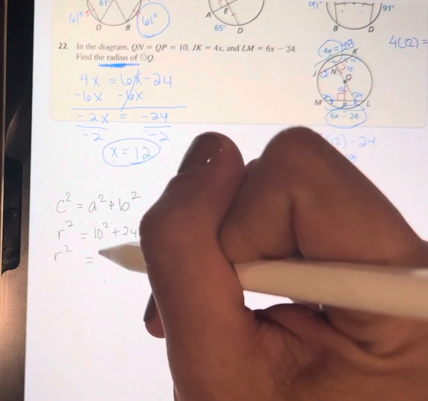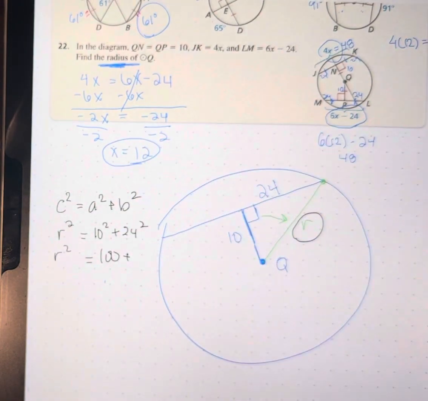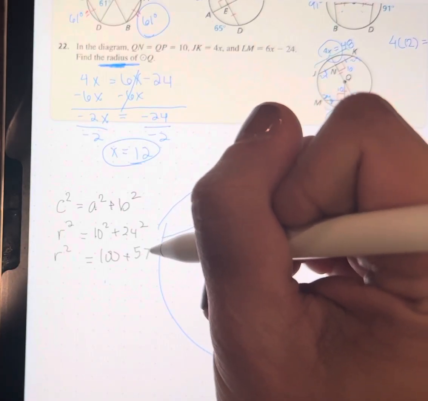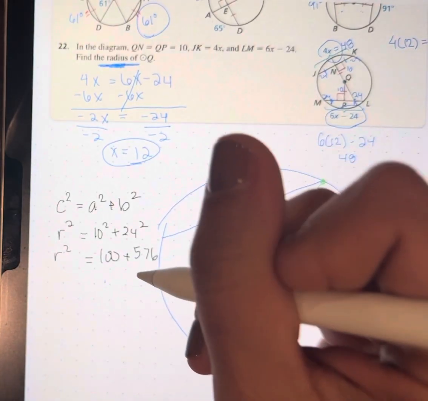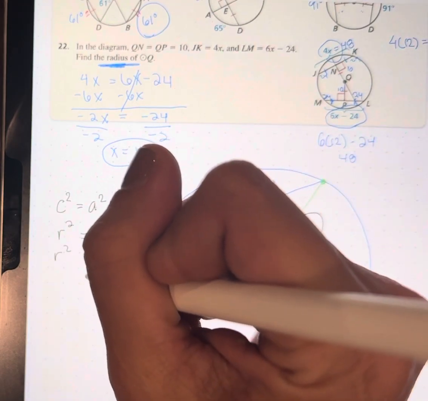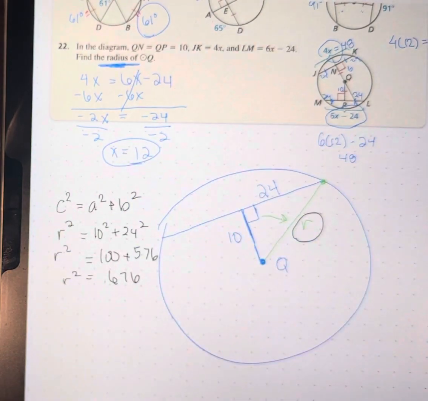That means that R squared is 100 plus 24 squared. Let's see, 25 squared is 625. So this one's 576. Okay. And then we get 100 plus 576 is 676. That does not look like a perfect square anymore.